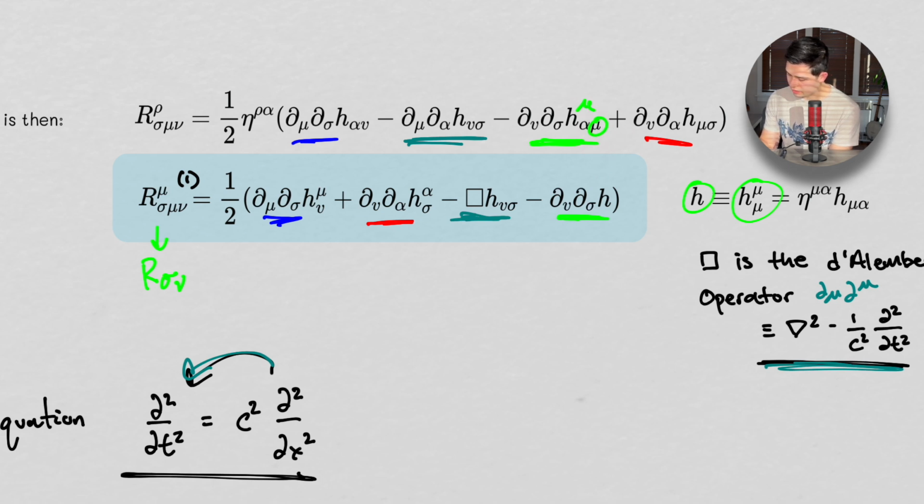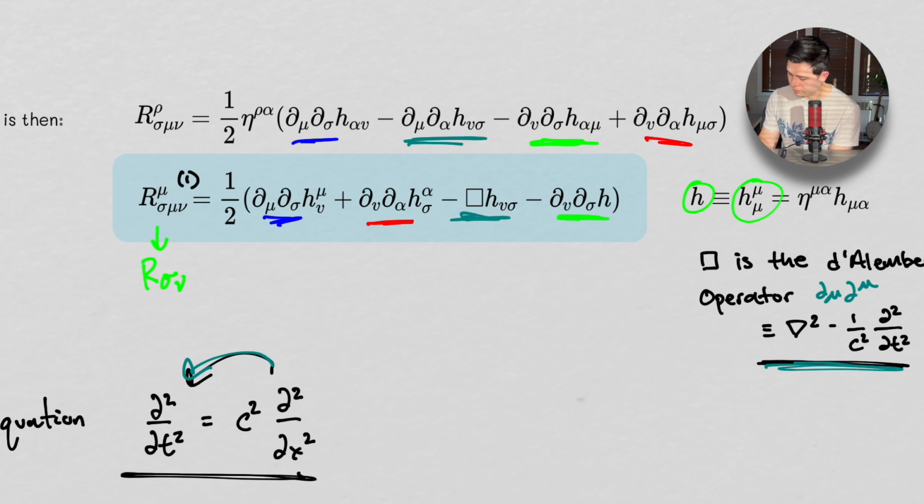Because, let's see here, when this gets applied, we're actually raising the alpha, right? We're raising the alpha, and we are going to identify that with a mu because of this right here.